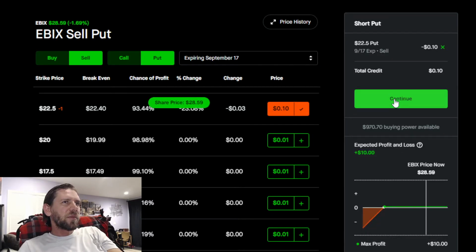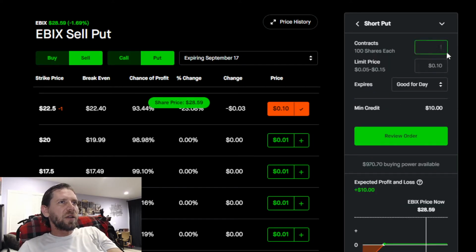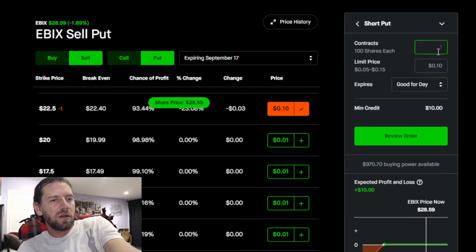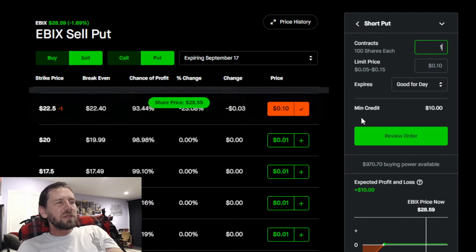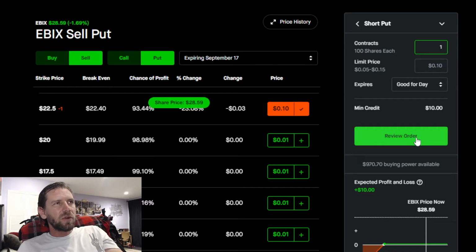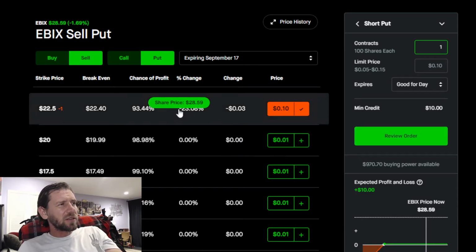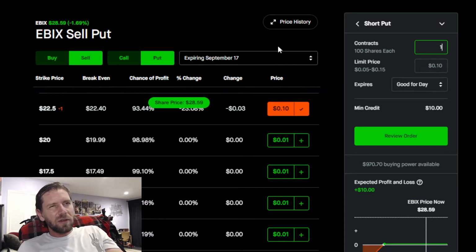You press continue, and it's going to ask how many contracts you want to do. You click 1, then the type, when you want this to expire, and you click review order. It's going to ask you for the $2,250 collateral to put away in a lockbox while you wait until this option expires worthless. When it expires worthless, you collect that $10, pass go, collect $10, move on. That's kind of how it works.